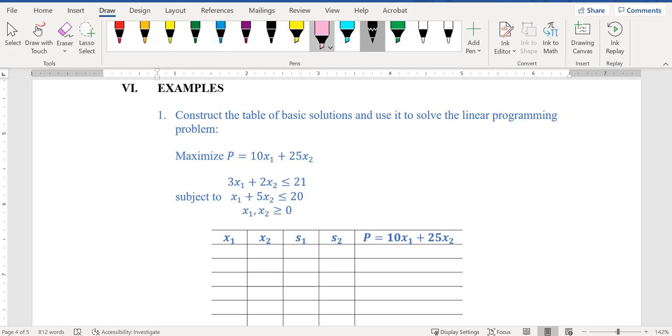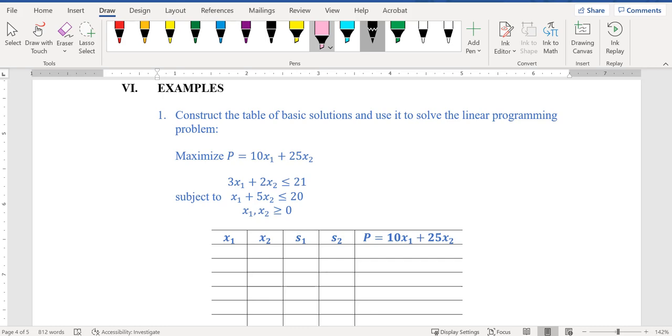So here we go. We want to maximize P equals 10x1 plus 25x2, subject to the following constraints. 3x1 plus 2x2 less than or equal to 21, x1 plus 5x2 less than or equal to 20, and x1 and x2 both have to be non-negative, greater than or equal to 0.